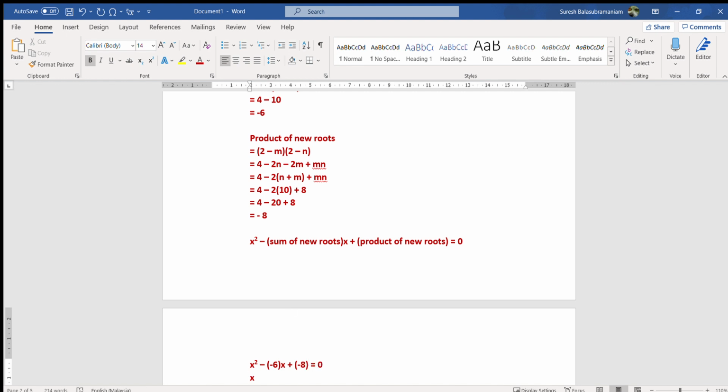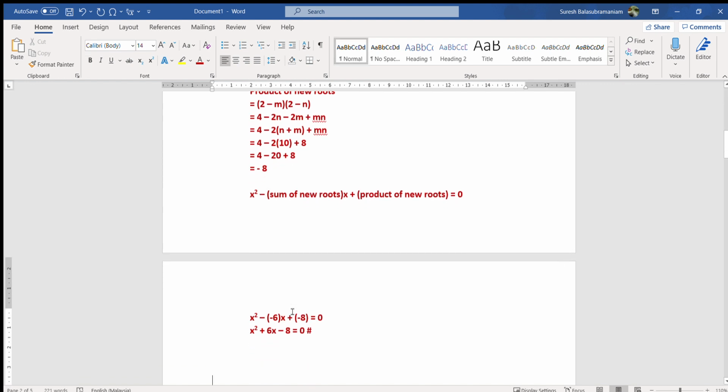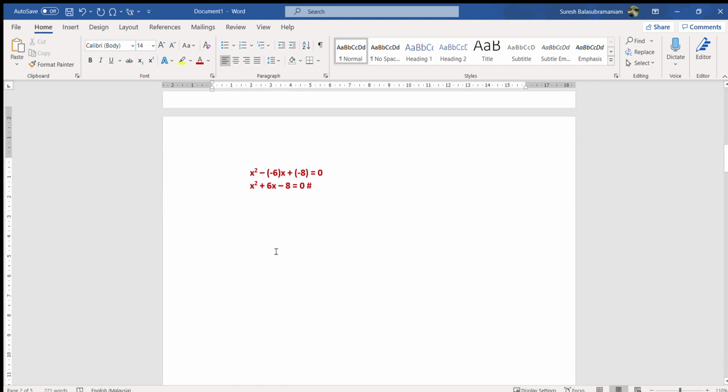Simplify that: x squared plus 6x minus 8 equals 0. So that will be my new quadratic equation, x squared plus 6x minus 8 equals 0. Move on with the next question.